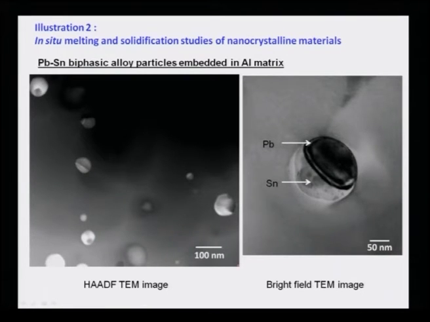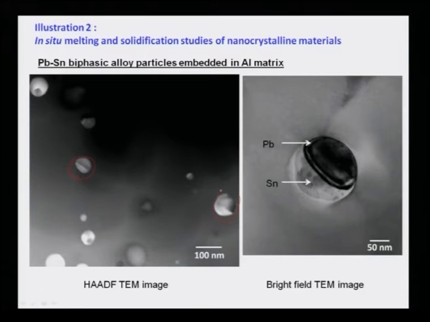As you see, there are a large number of nanoparticles present in this specimen, embedded in an aluminum matrix, and these nanoparticles are in eutectic alloys. As you can clearly see in a high angle annular dark field TEM image, these particles show distinctly two phase contrast. One is lead solution, the other is tin solution.